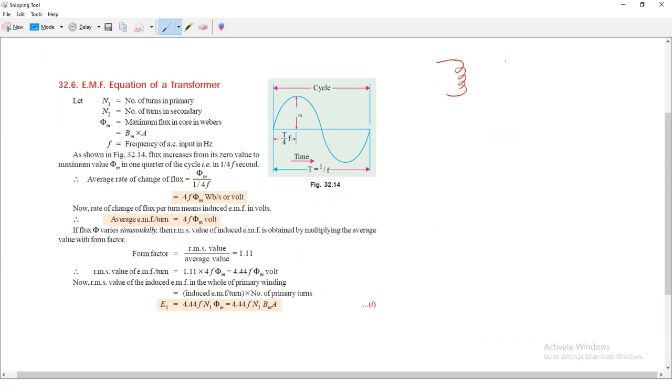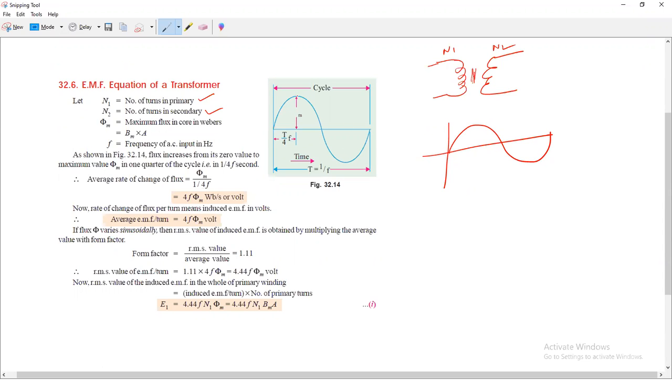You know that this is your primary coil and this is your secondary coil. This is the air gap. The number of turns in the primary is named N1, and the number of turns in the secondary is N2. This is one time cycle, and this is the flux.